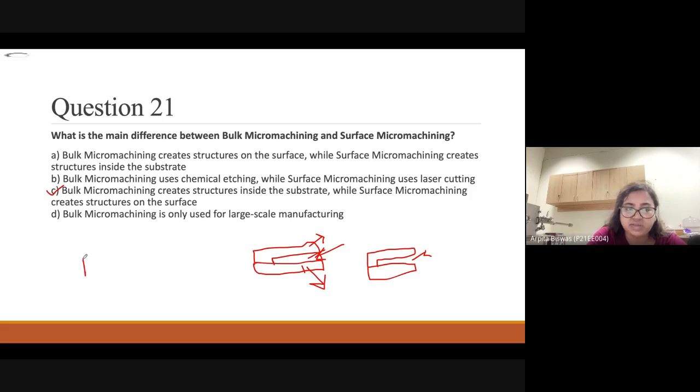So, diaphragm type. See carefully. Here is the wafer, the silicon wafer, and on the silicon wafer there is an oxide layer, and after the oxide layer there is some layer or structure present. Now, how does the piezoelectric pressure sensor look?